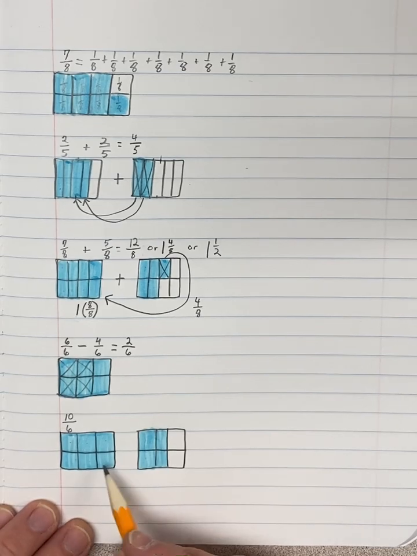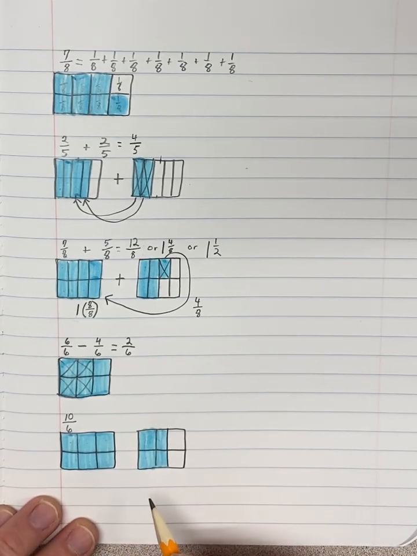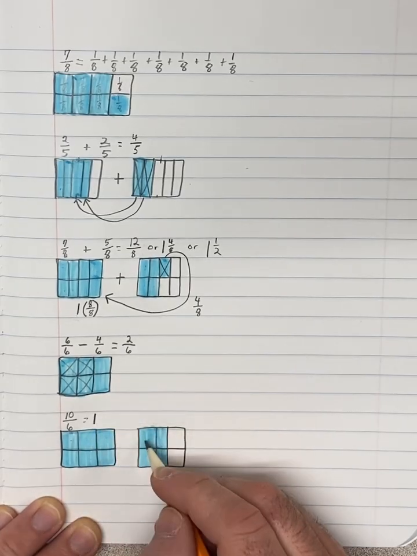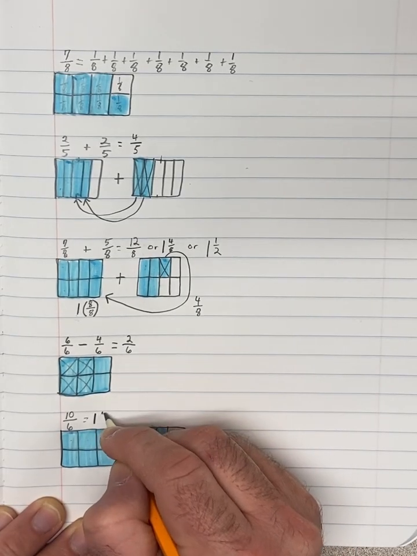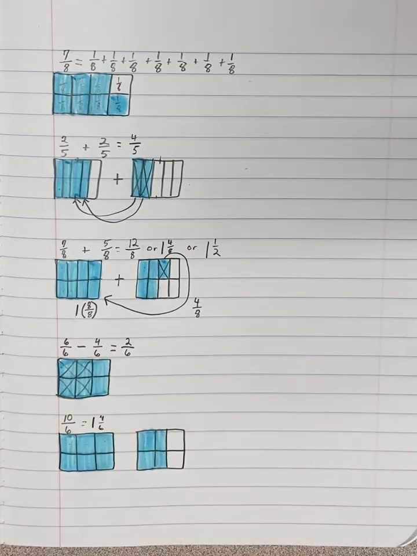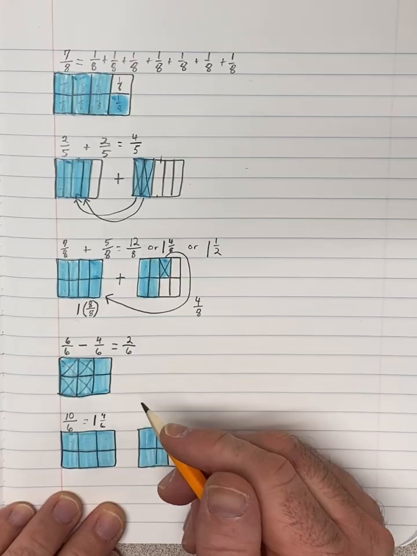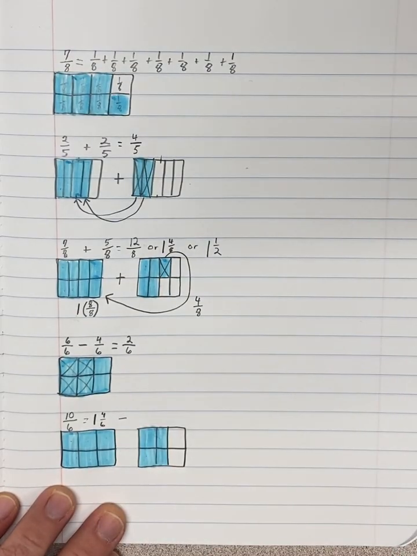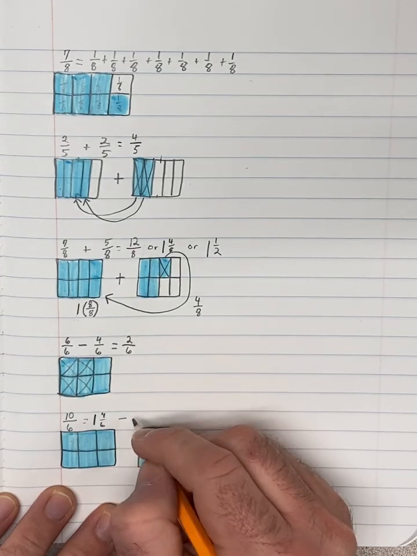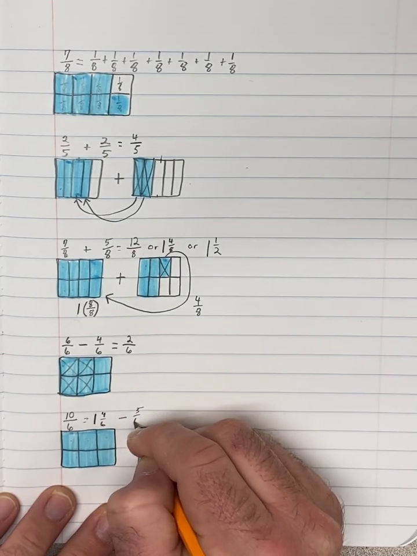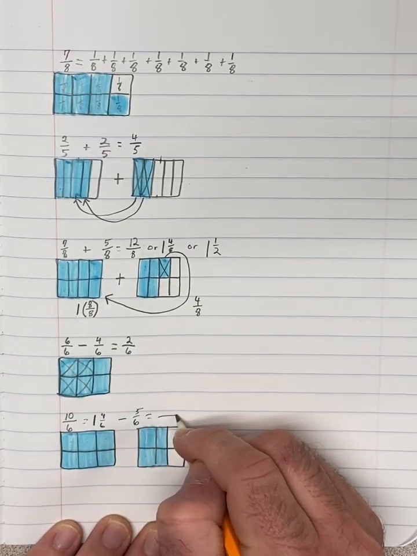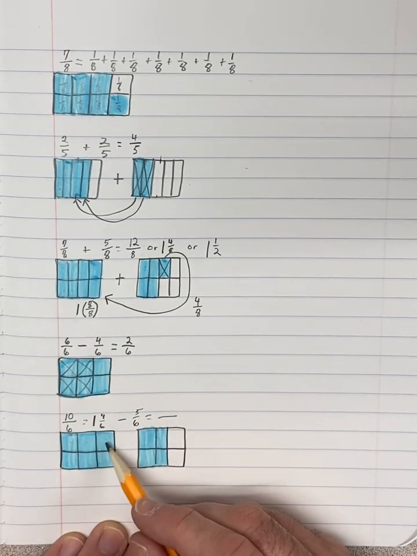You might be noticing that 10/6 is also equal to 1 whole and 4/6. So let's subtract 5/6 away. The size of the parts remain the same.